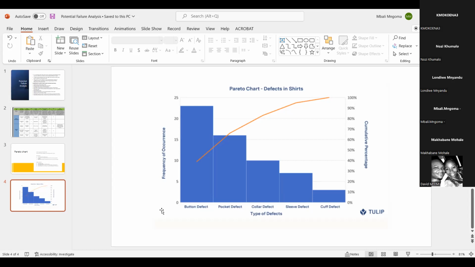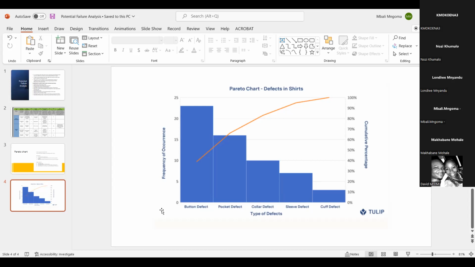Okay. Guys, if you draw a line from the 80% going across, it will intersect the orange line. Then going down, it will only cut collar defect, and everything on the left of it would be pocket defect and button defect.